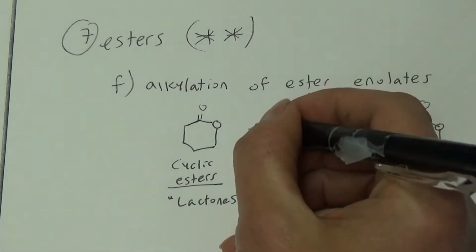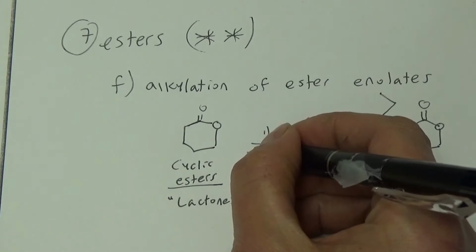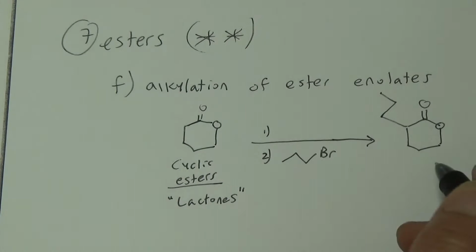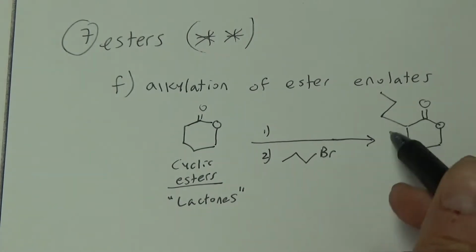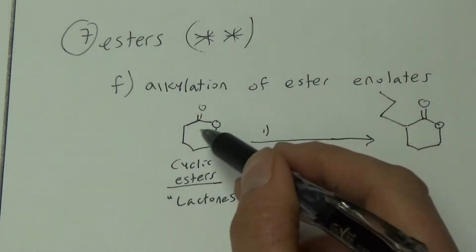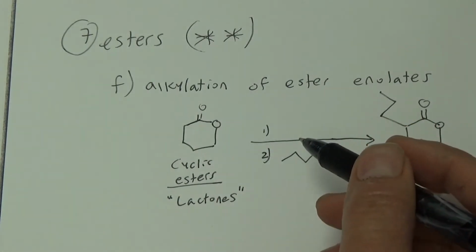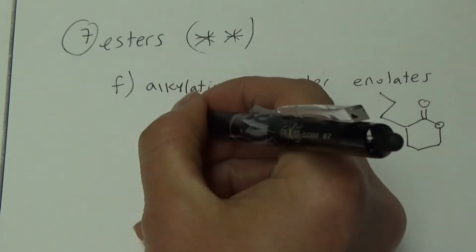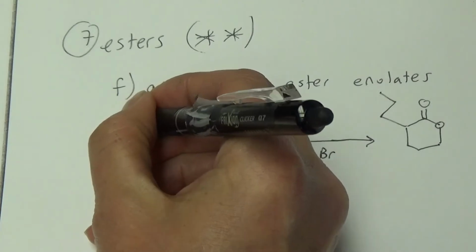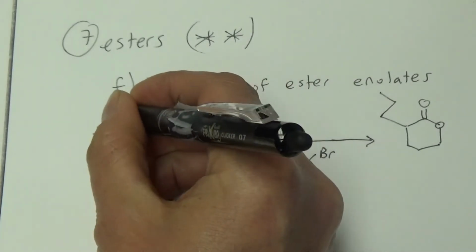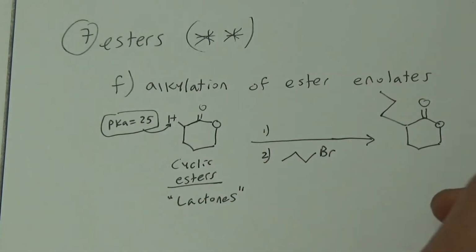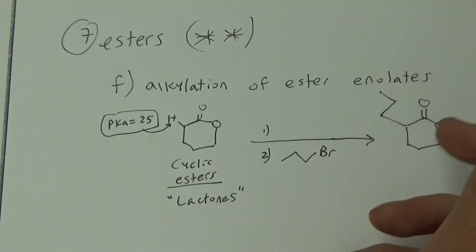Okay, so we need a couple reagents. Well, step 2 is easy. It's bromopropane, 1-bromopropane, right? We need an appropriate base to rip off that proton, and the pKa of the proton is about 25. And we have a lot of range of acidity, right?